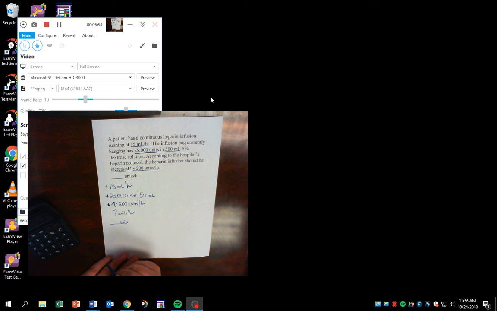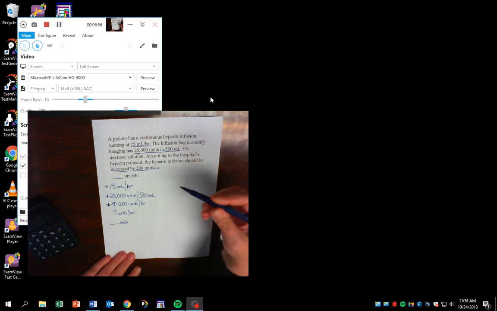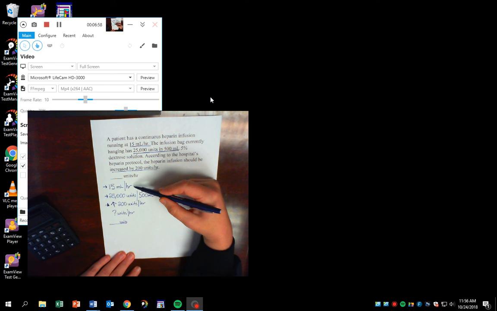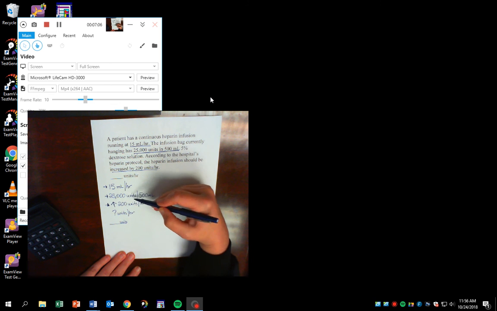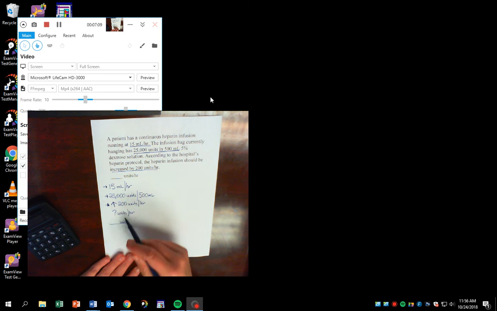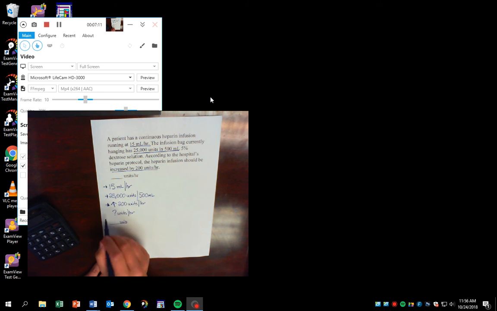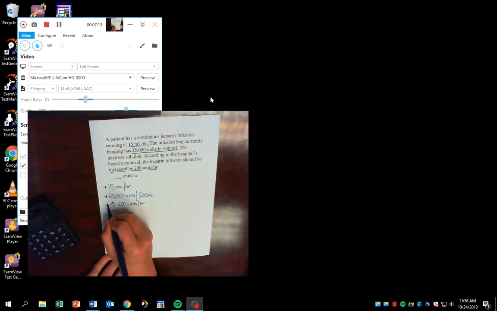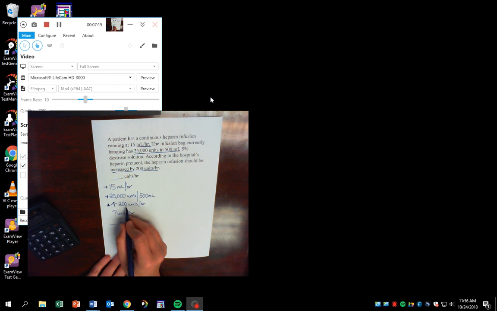And what we ultimately want to do is figure out how many units are in this 15 milliliters per hour. And once we do that, we can then subtract our 200 units. If you want to think of it as, let's always save this to the end, to subtract your increase or decrease in the amount of heparin, that's fine.